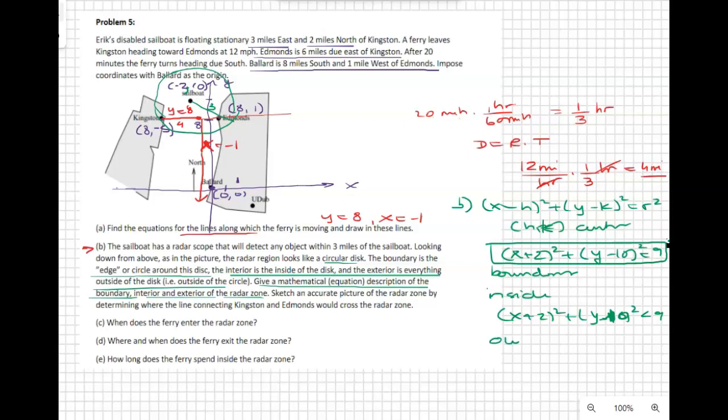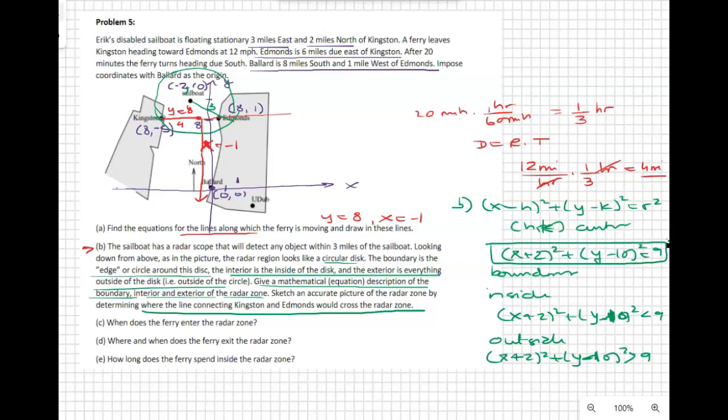And the outside would be x plus 2 squared plus y minus 10 squared is bigger than 9. Okay, good. Give an accurate picture. Determine where the line connecting Kingston and Edmonds would cross the radar zone.